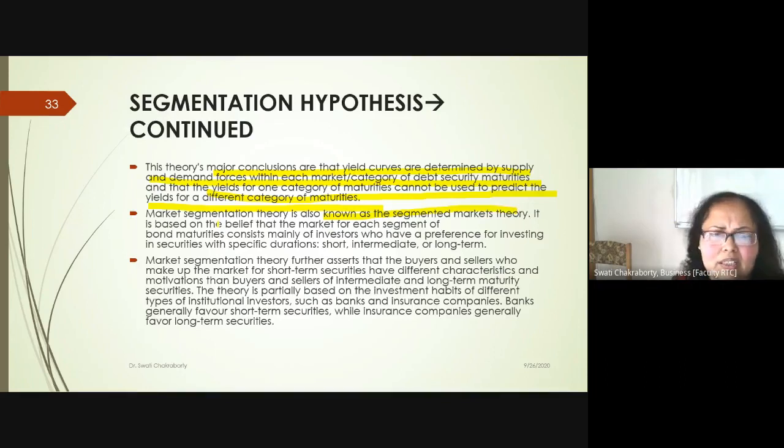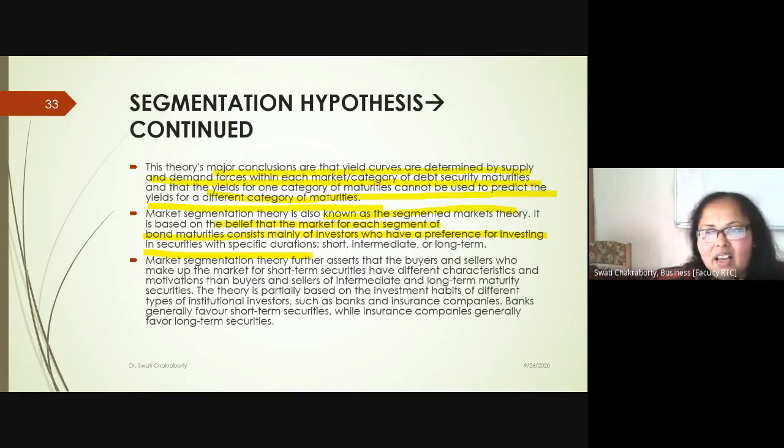The belief is that the markets for each segment of bond maturities consist mainly of investors who have a preference for investing in securities with specific durations. Market segmentation means the market is divided into different types of investments: short, intermediate, and long term.